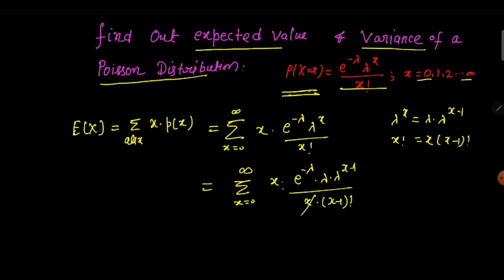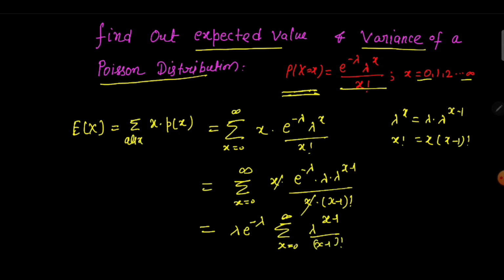Now this x will get cancelled. So we can take lambda outside, and e to the power minus lambda also. Inside this summation we have lambda to the power x minus 1 divided by x minus 1 factorial.